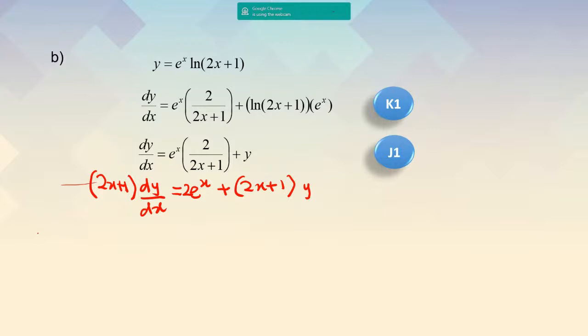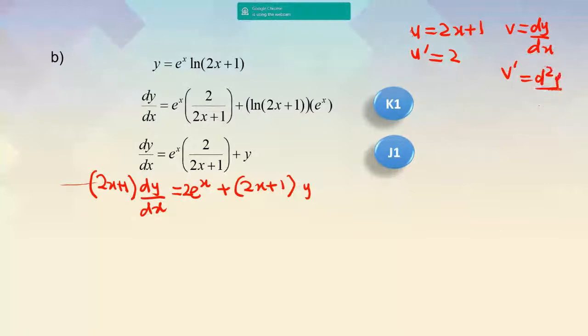Then differentiate. So u is 2x plus 1, u prime is 2. v is dy over dx, v prime is d square y over dx square, the second derivative.